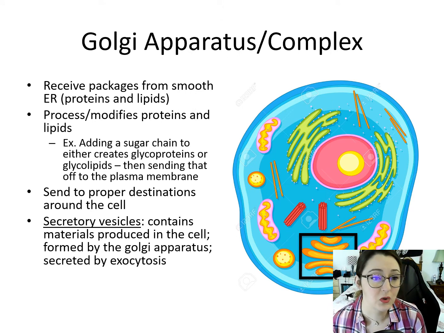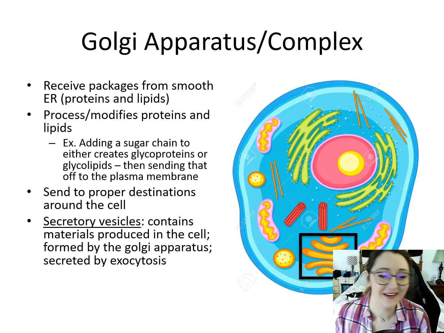Next up is our Golgi apparatus or Golgi complex. Sometimes different books call it different things. And that is the structure, and I'm almost blocking it, but hopefully in your notes you can see it a little bit better. I kind of think it looks like a Wi-Fi symbol or something to that effect.